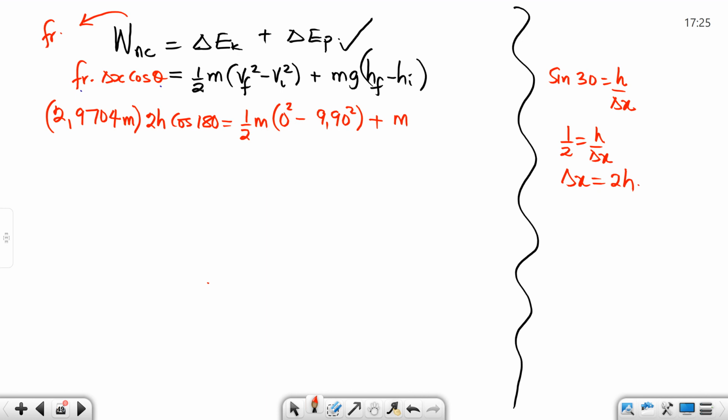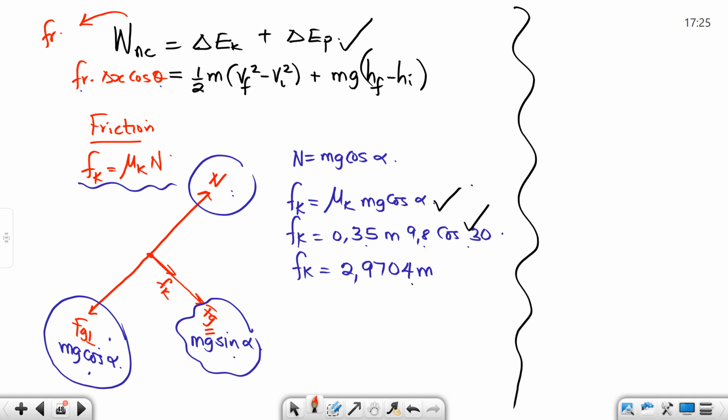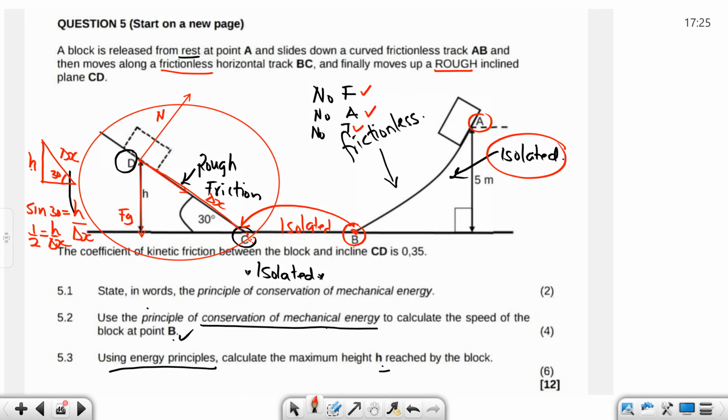No. Do we know g? Do we know the final height? Okay, let's check. Where's the 5? But we're not there. We're working at CD. All right? So my final height is H.